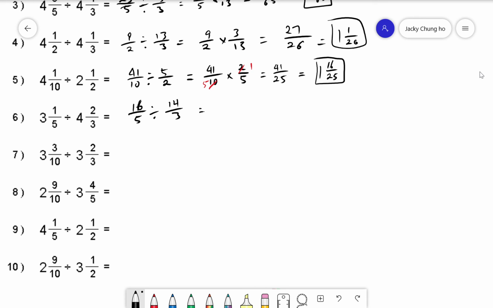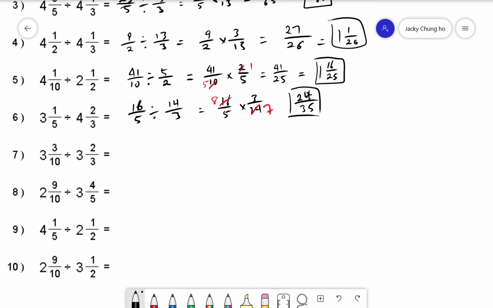That is equal to 16 over 5 times 3 over 14. 16 and 14 can be reduced to 8 and 7 because they are both factors of 2. 8 times 3 will become 24 over 5 times 7, which is 35. Nothing you can reduce, so that's our final answer.